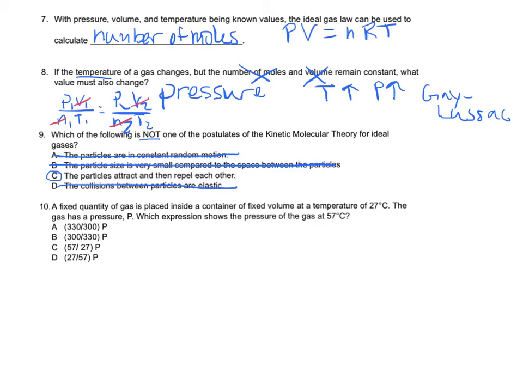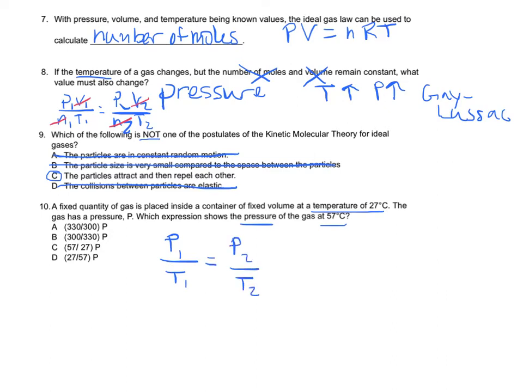Number 10, a fixed quantity of gas is placed inside a container with a fixed volume at a temperature of 27 degrees Celsius. The gas has a pressure P. Which expression shows the pressure of a gas at 57 degrees Celsius? Okay, so obviously we've got temperatures changing here, and we're talking about pressure. So this is Gay-Lussac's law. All right, so we know that Gay-Lussac is P1 over T1 is equal to P2 over T2.